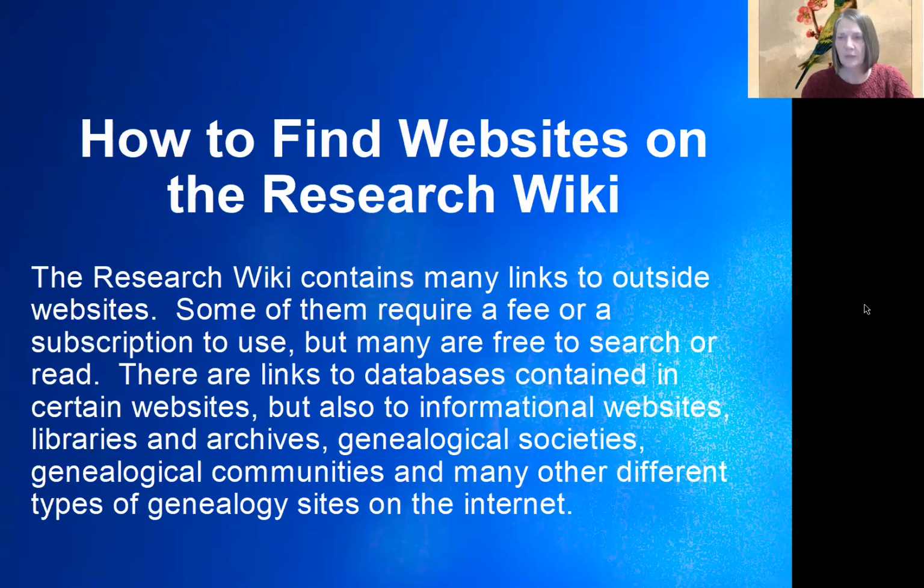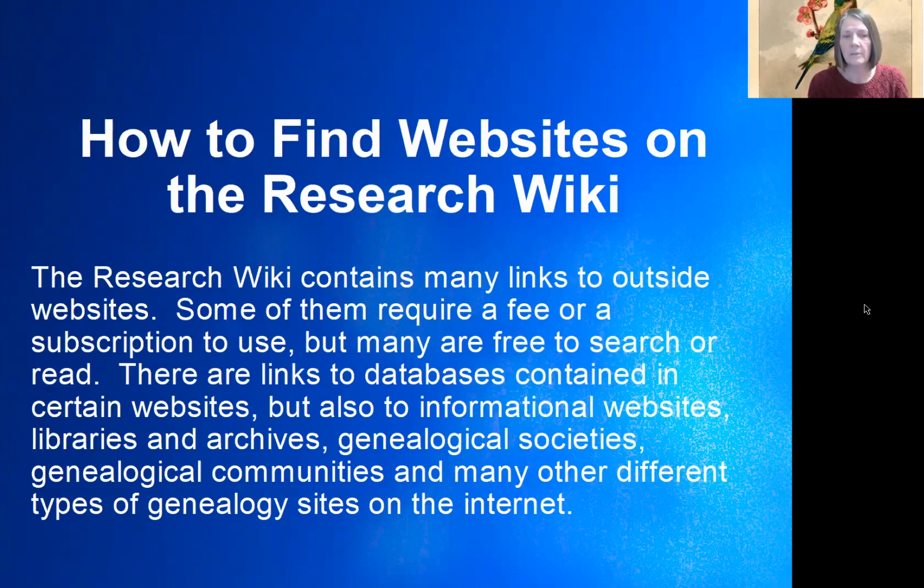Some of them require a fee or a subscription even to use, but there are a lot of websites online that are free to search, at least, even if you can't get the actual information out. But they're free to search, and you can see if your names are in there, and then you can pay for whatever it is that you want. Some of them also have informational pages that you can just go to and read.